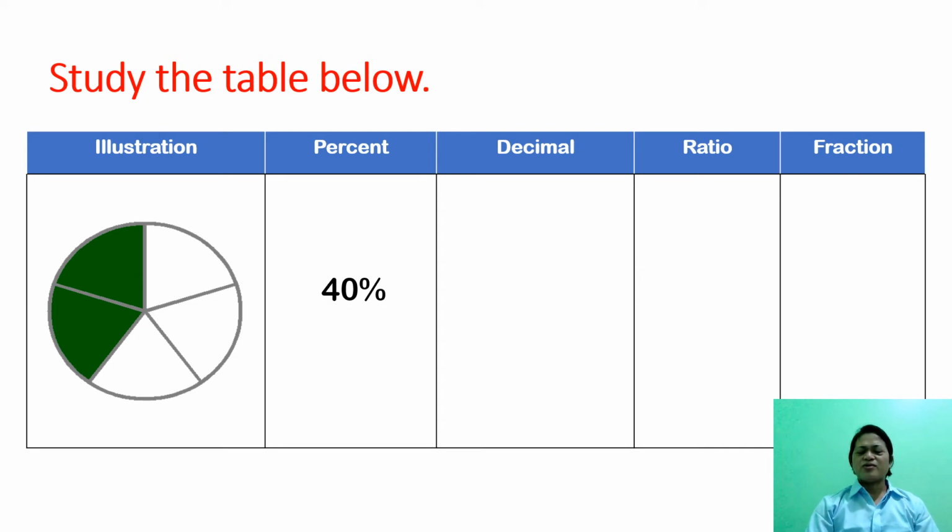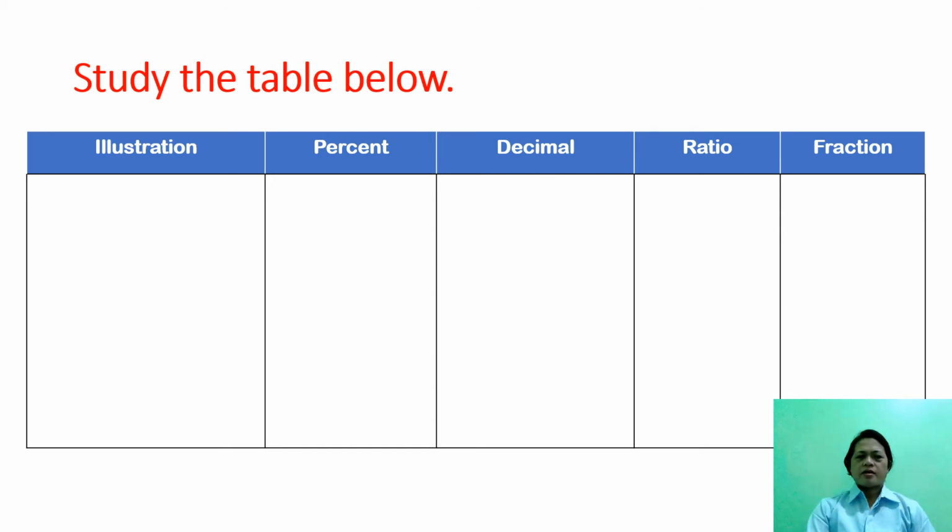Yes, very good. What about the numerator? Very good. How did you rename percent to decimal? Okay, so that is 40 hundredths. What about in ratio? Yes, it's 2:5, and in fraction, it is equal to 2/5.